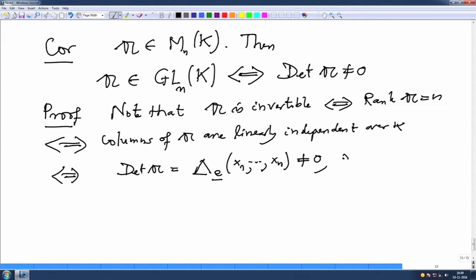Where x1 to xn are columns of A, these are in K to the power n.